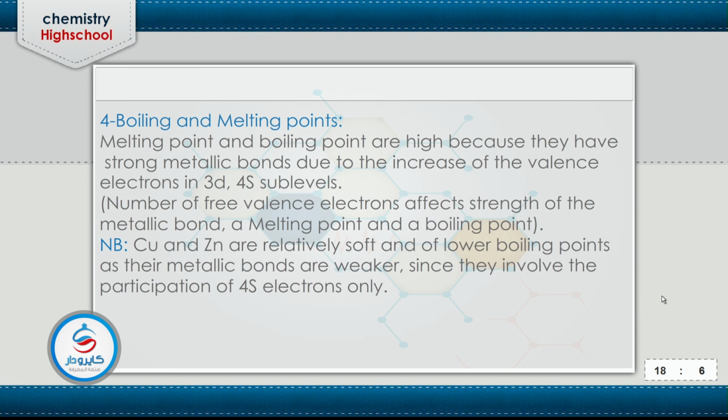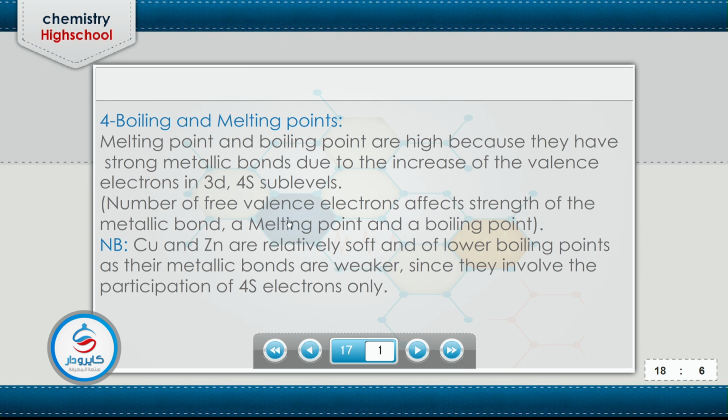The fourth property of the transition elements of the first series is boiling point and melting point. Melting point and boiling point are high because they have strong metallic bonds due to the increasing number of valence electrons in the 3d and 4s sublevels.